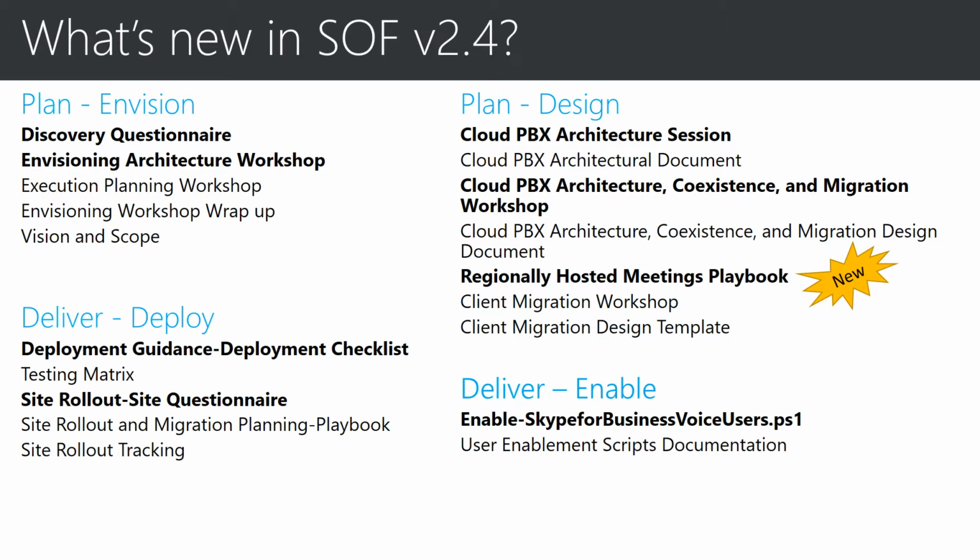Aside from updating the workshop decks, the updates include updating the document templates to incorporate both MMS and RHM so that you can have a productive start from the get-go. This training will discuss the updated assets marked in bold and talk about the new regionally hosted meetings playbook. With that, I would like to turn this over to Matt to talk about SOF updates on MMS.